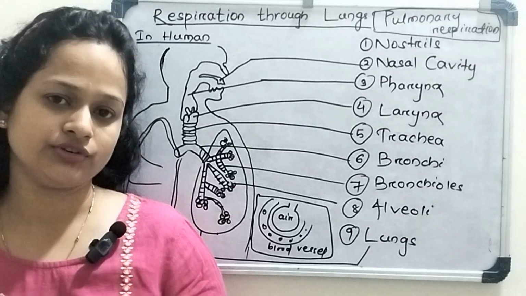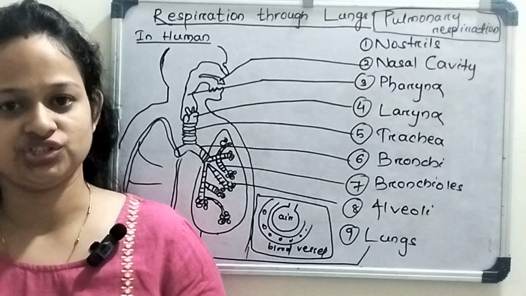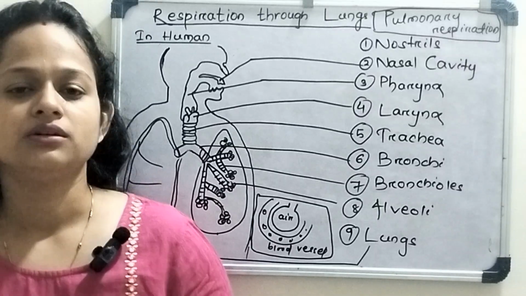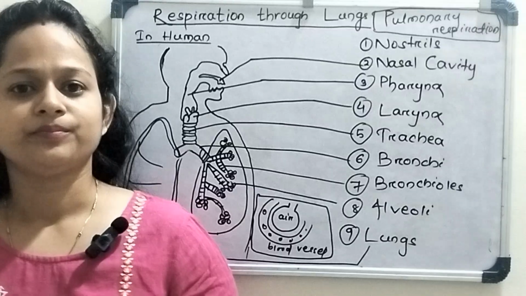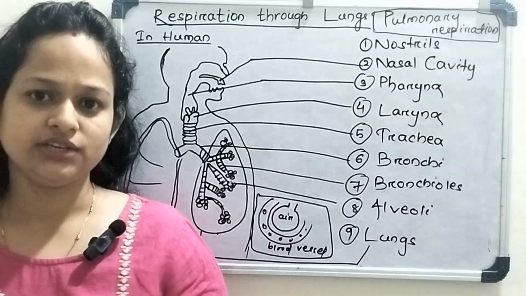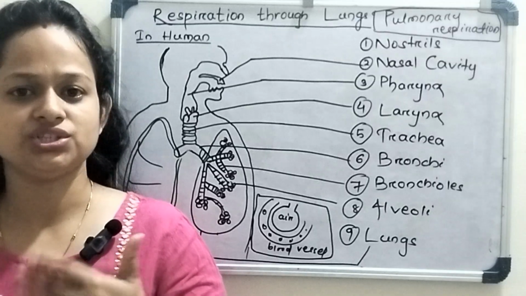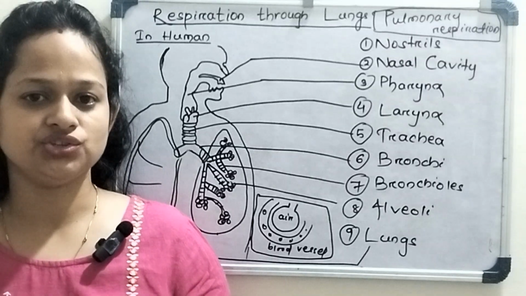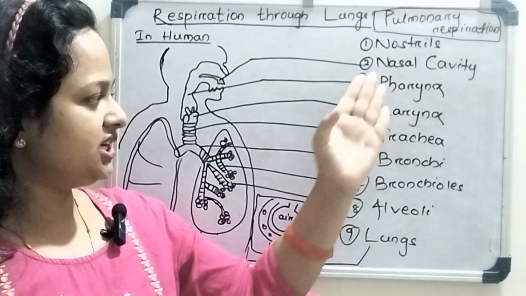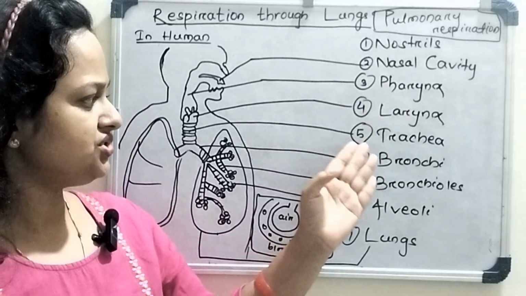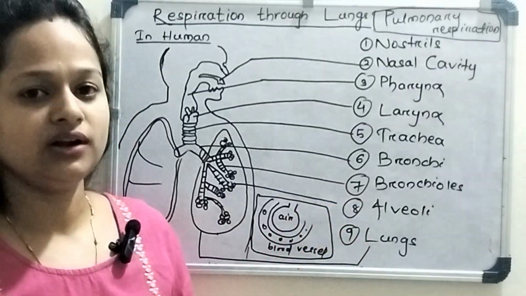The byproducts released are carbon dioxide, water and energy inside the cell. Respiration in humans requires a respiratory system, which consists of a series of passages: nostrils, nasal cavity, pharynx, larynx, trachea, bronchi, bronchioles, alveoli and lungs.